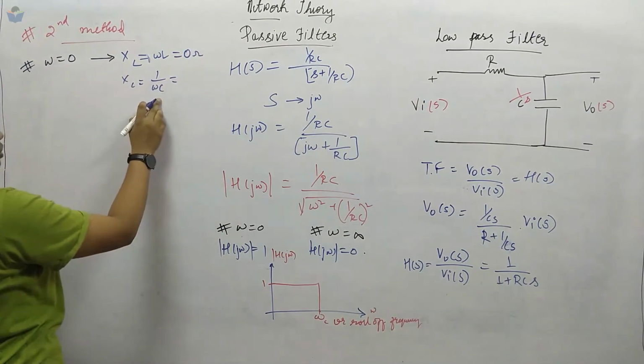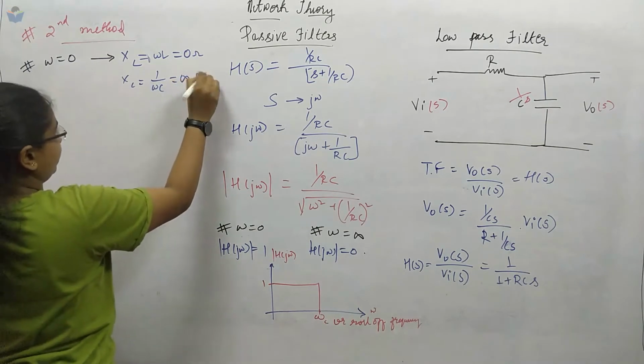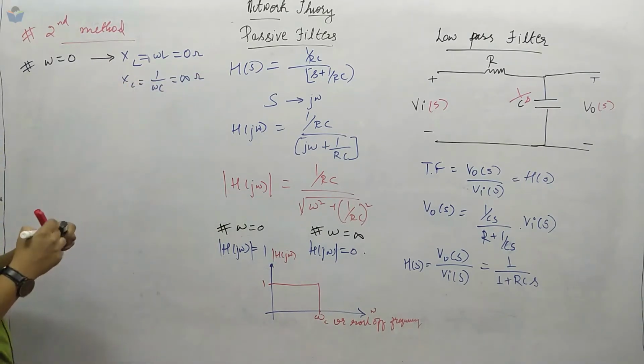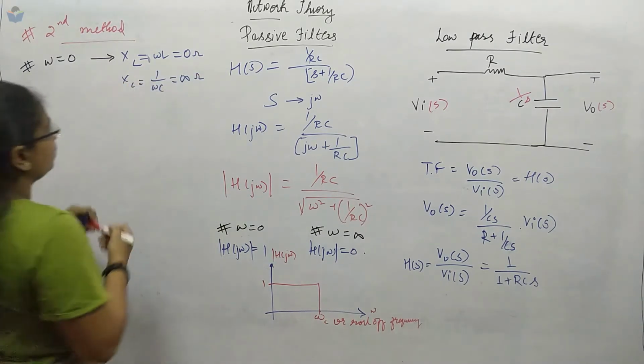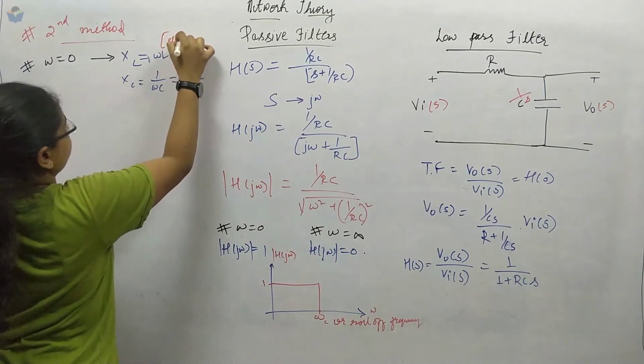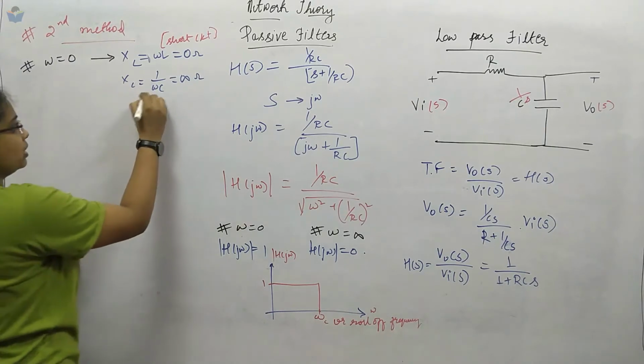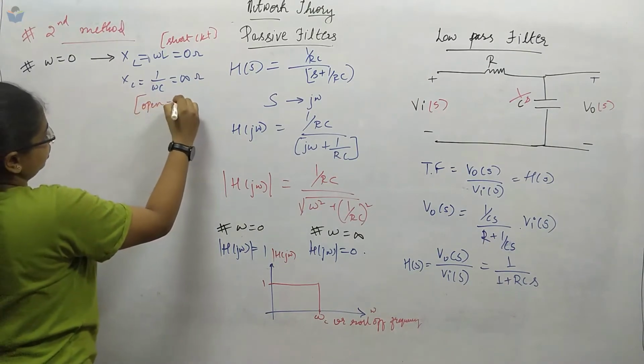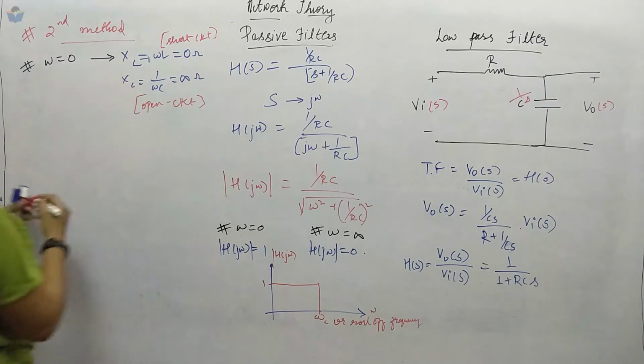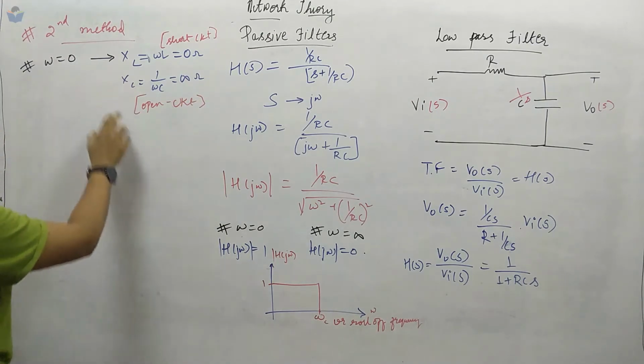Here put omega equal to 0 and XC is infinite ohms. So what does 0 ohm indicate? It means a short circuit condition. When it is infinite ohms, it means no current will flow, so it is an open circuit.